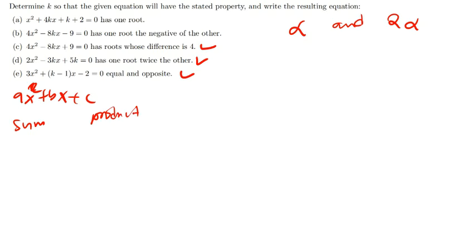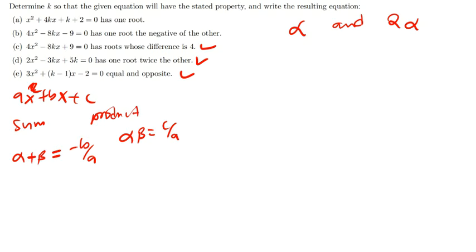So the sum is alpha plus beta, that is going to be negative b over a, you know about that. The product is alpha times beta is equal to c over a. That's what we're going to be doing. Now our goal is to find the value of k. Simple as that.